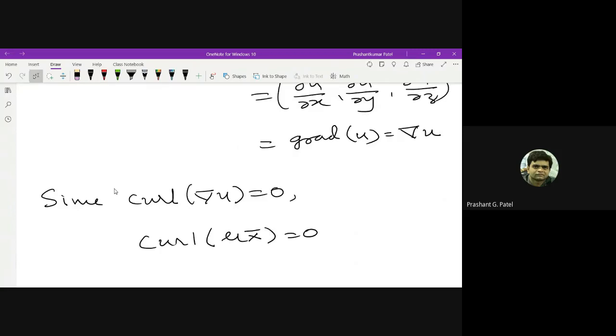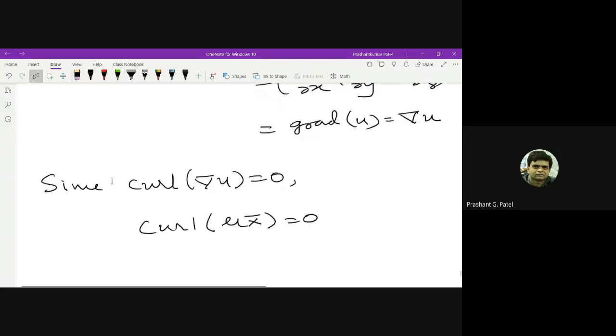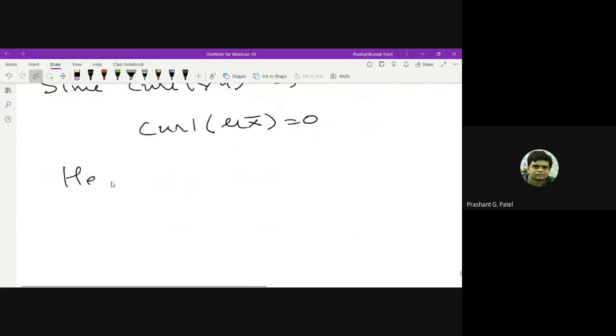And if the curl is a 0 vector, therefore, or hence, mu into x bar dot curl of mu into x bar is 0, because this vector is 0. So the dot product of a 0 vector with any vector will be 0. This is 0 scalar and this is a vector.